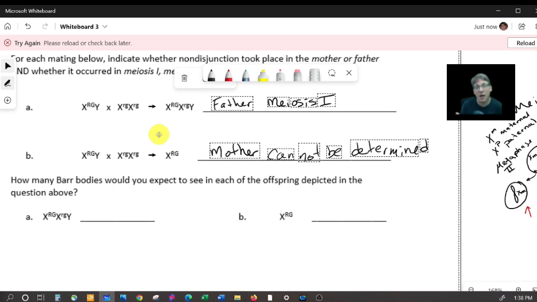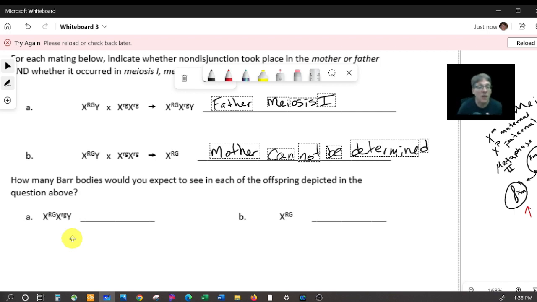And that happens to any X chromosomes greater than 1. So if you have 1 X chromosome, you have no bar bodies. If you have 2 X chromosomes, you have 1 bar body. If you have 3 X chromosomes, you're going to have 2 bar bodies. Okay, any X chromosomes greater than 1, you end up having a bar body on the side of the cell.